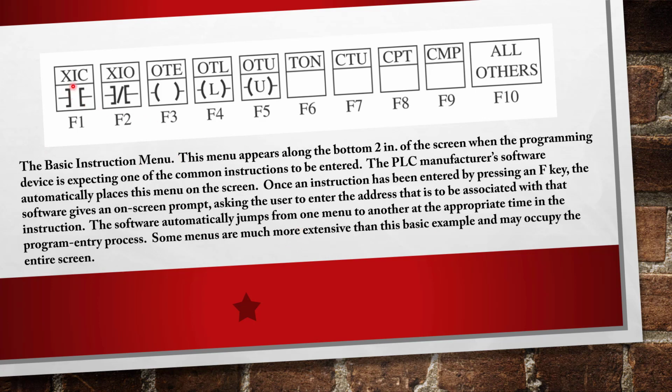So this means examine when closed, examine when open, and so on. This is based on, I think, an Allen Bradley, but different manufacturers have different designations, although they're pretty similar. You'll see some slight disparity among them. But once you get used to how PLCs work, you can easily switch from one brand to the other.